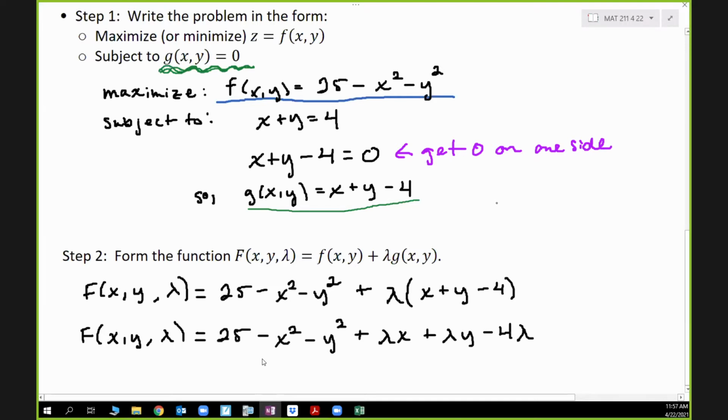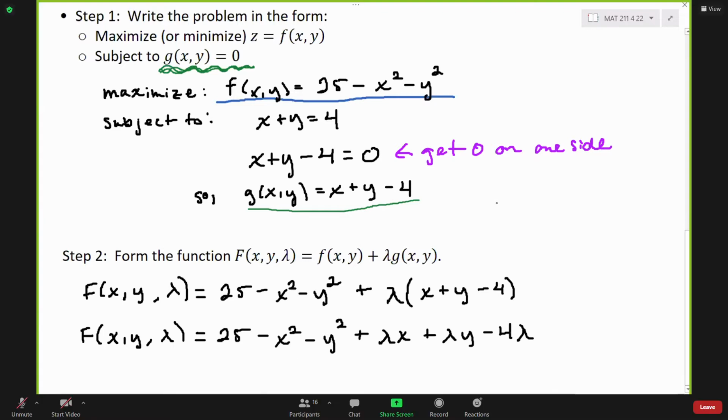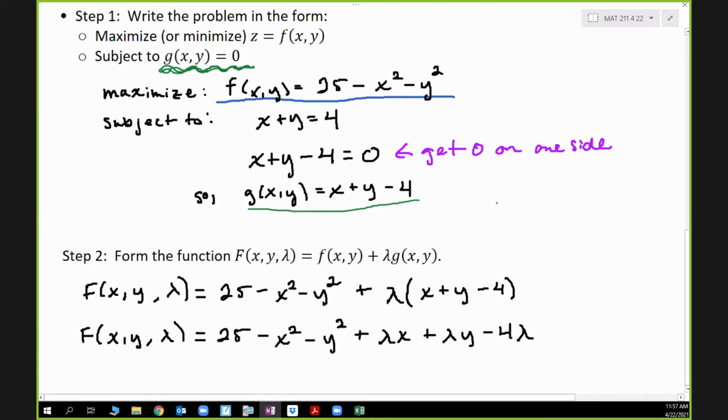But the point of this is to solve it to find lambda, which will be fixed. So it is a variable in this context, since it's one of the variables in this 3 variable function. But there's going to be one specific lambda that gives us our maximum potential here.